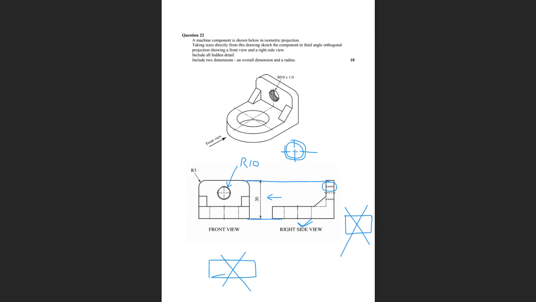You have to work out all of the sizes so that there's no mathematics to be done by the person that's making the article. And so this is the correct way to show a radius. And you don't do that, you just do this. You say phi, whatever it is, phi 10. You have to show the diameter of a hole, not the radius.